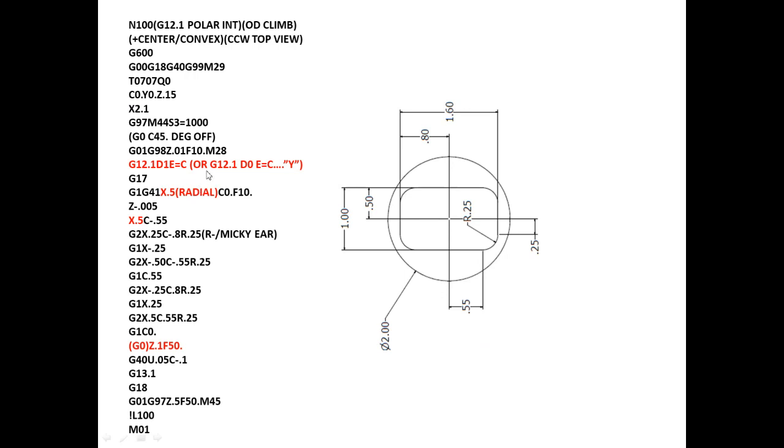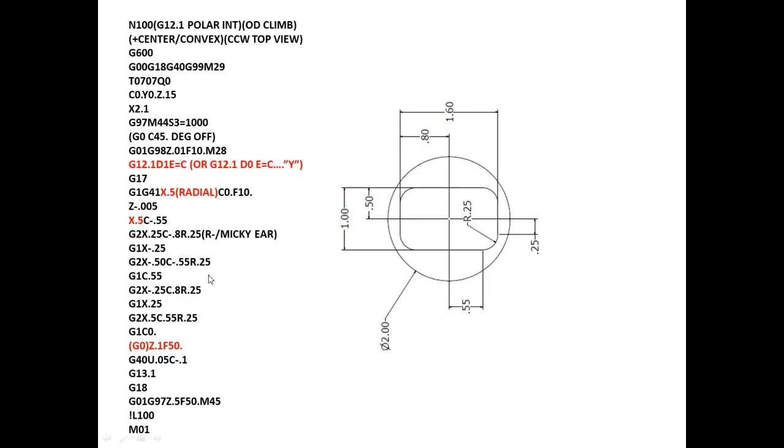The differences we talked about: the X axis here is a radial value, not the diameter value. That's the difference between Mitsubishi and Fanuc control. And on Mitsubishi control, we can use G0 for rapid movement inside of the G12.1, which Fanuc will give you an alarm. That's what we talked about.